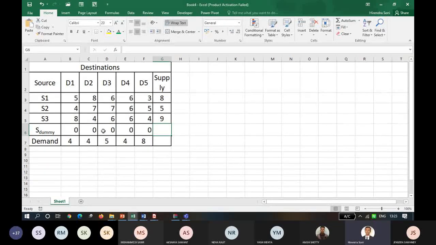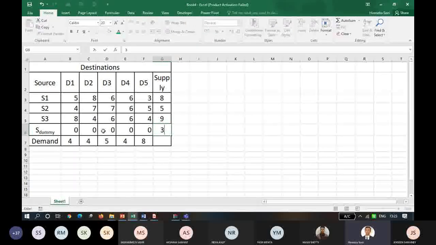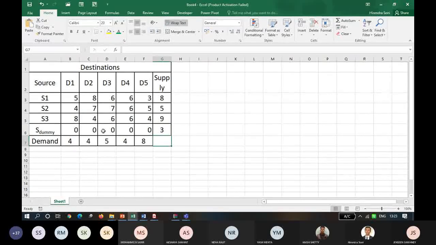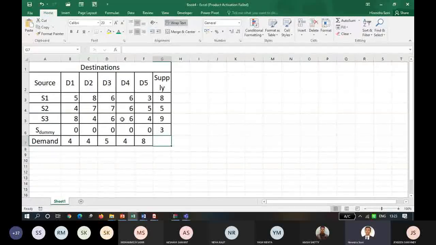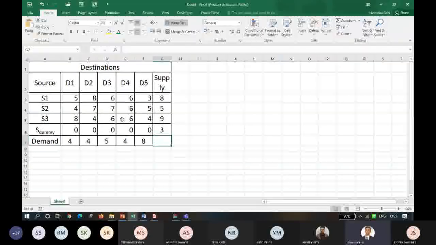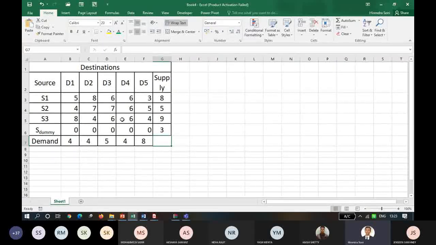How much will be the supply for the dummy row? 3. 3, sir. Now after this, will you try solving it for row and column, that is using Vogel's approximation? Yes, sir.